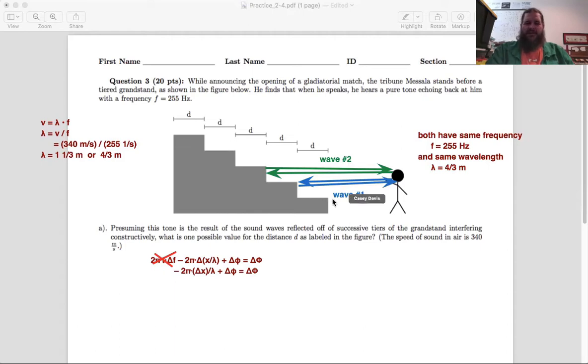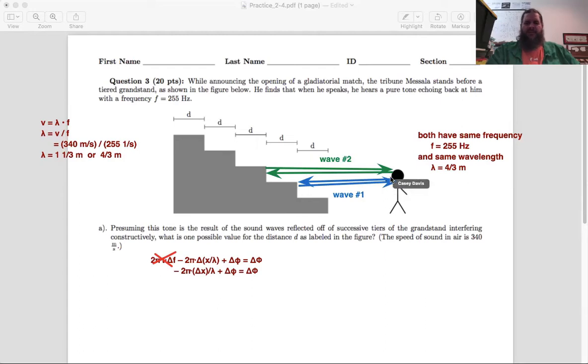But yeah, I think 2D should work because wave 1 and wave 2 are definitely going different distances. Wave 1 is traveling a shorter distance. Wave 2 is traveling a longer distance. And how can we tell that the difference is 2D? Because to go left, it would be D, and then when you go back the other way, it would be another D, right?